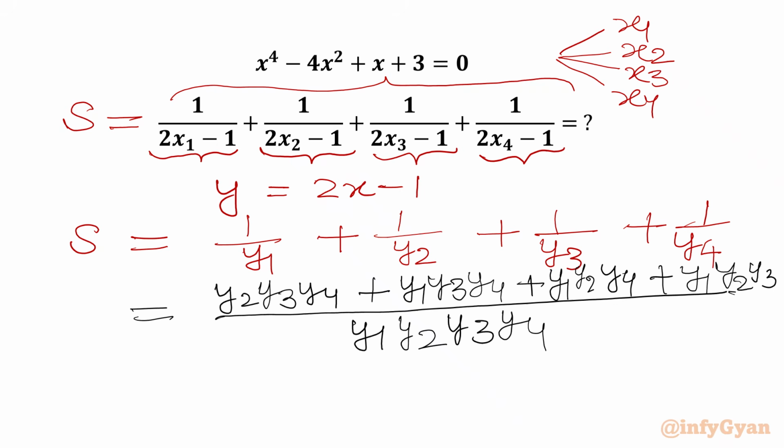Now if you notice, the denominator is the product of roots, and the numerator is the sum of roots taken 3 at a time. So the only requirement is we have to find the quartic in y. So let us find it out.